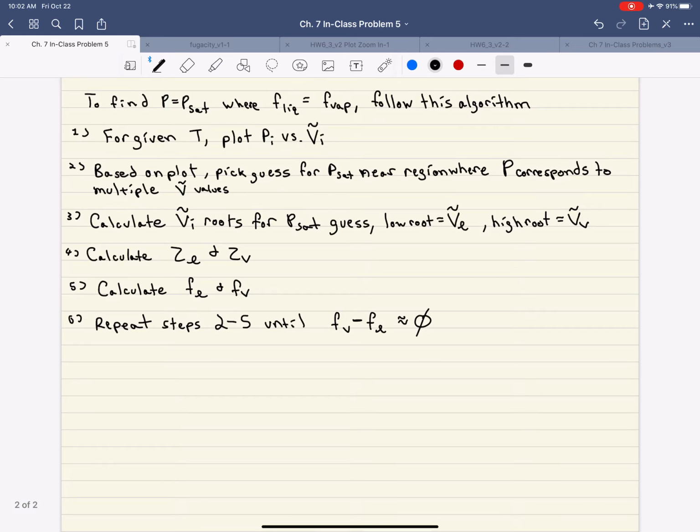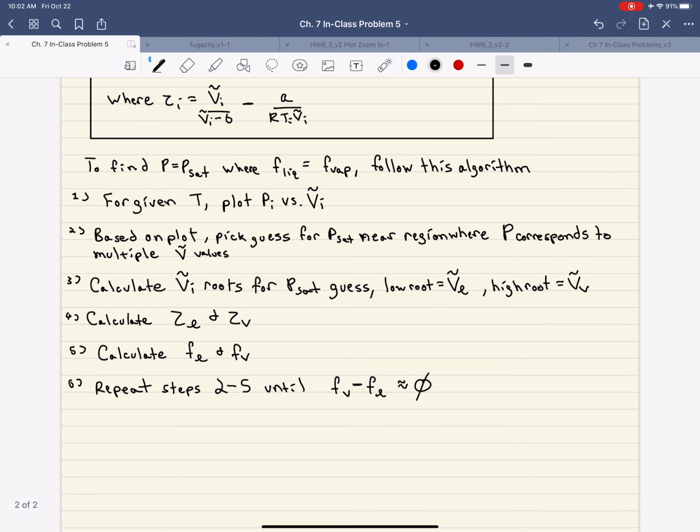What I want to do now is show an example of MATLAB code that I wrote to do this calculation. I wrote 2 separate scripts. The first script is just used for calculating fugacity, and the second script takes that first script and minimizes it to find the vapor pressure that minimizes the difference between the vapor and liquid fugacities.